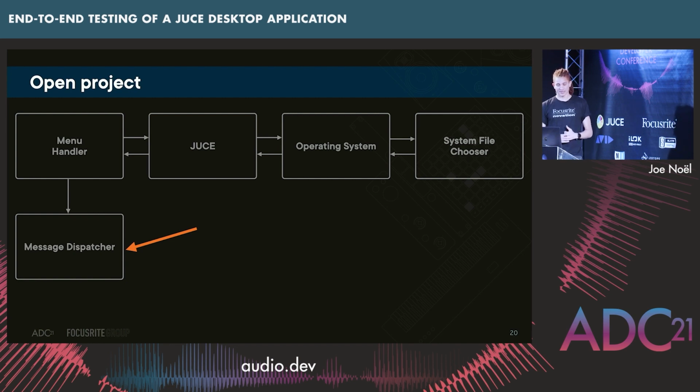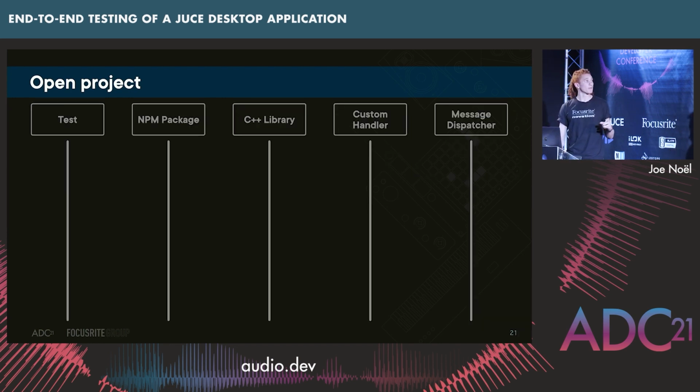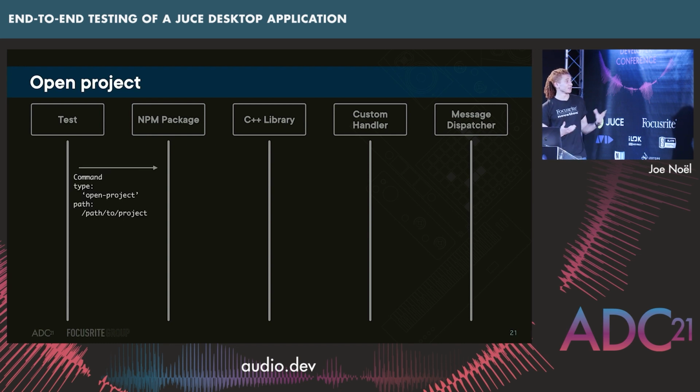So what does this look like? The test this time, here the npm package and the C++ library are generic. So they're not tied to any particular app. The concept of opening a project, they don't really know about. But they can just send generic commands. So here our test sends a command to say, open a project. And it's just going to be passed through.